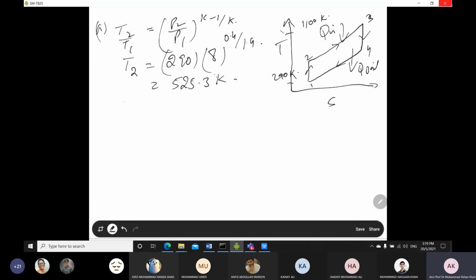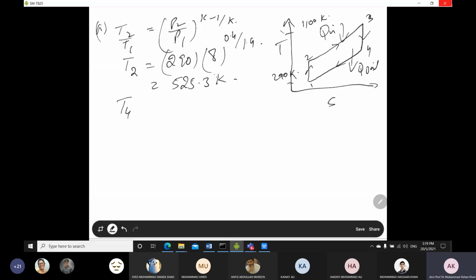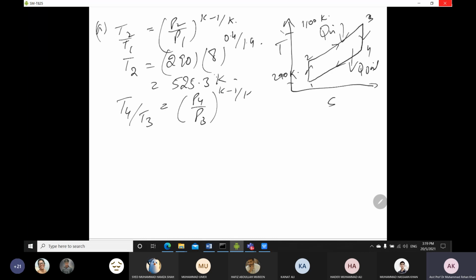A similar thing for T4. We can apply another isentropic relation which is valid for the 3 to 4 process. T4 over T3 is equal to (P4 over P3) to the power (k minus 1) over k.